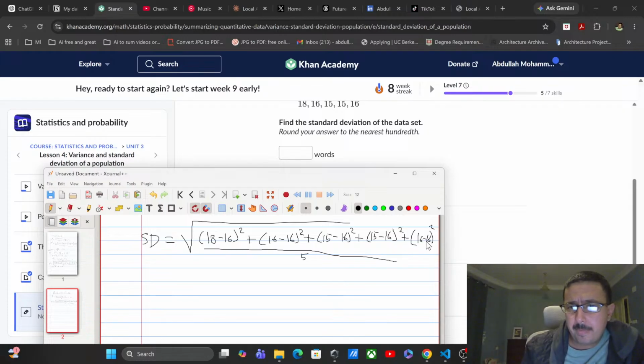This is 0. This is 16, so this is 0 and this is 0. And here is minus 1 squared, which is 1 plus 1, and I got 18 minus 16, that's 2 squared, which is 4. So 4 plus 2 is 6. 6 over 5, I would say.